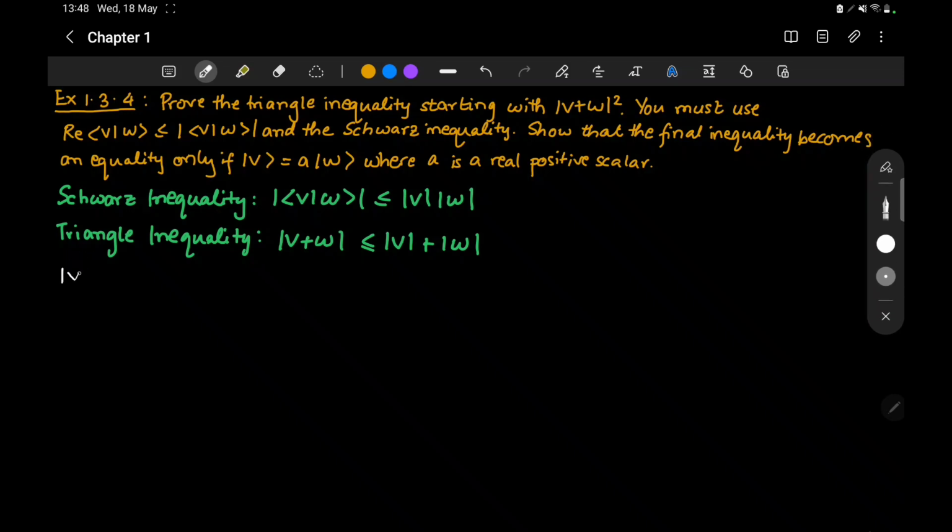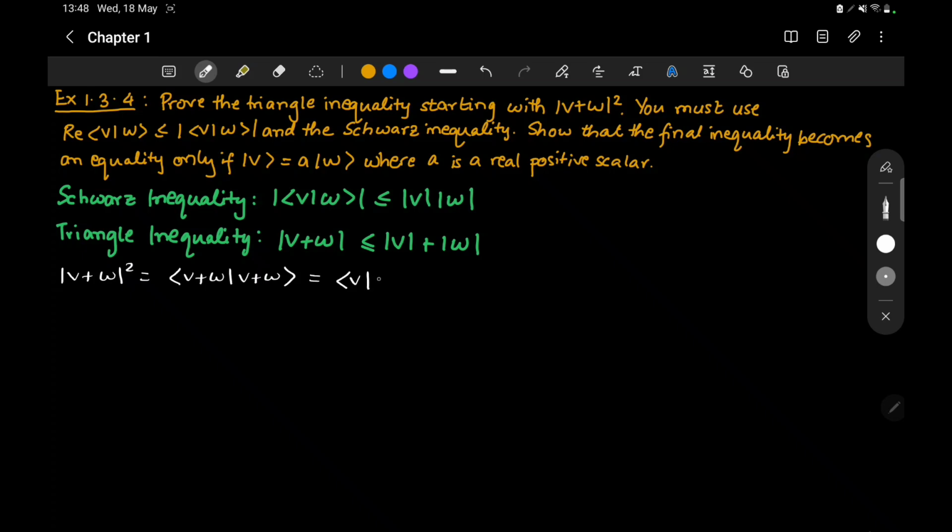So we start with this, v plus w mod squared. Now by definition of the inner product, this is nothing but the inner product of v plus w with itself. Now we can open this up as follows. So before that I can write down one step.